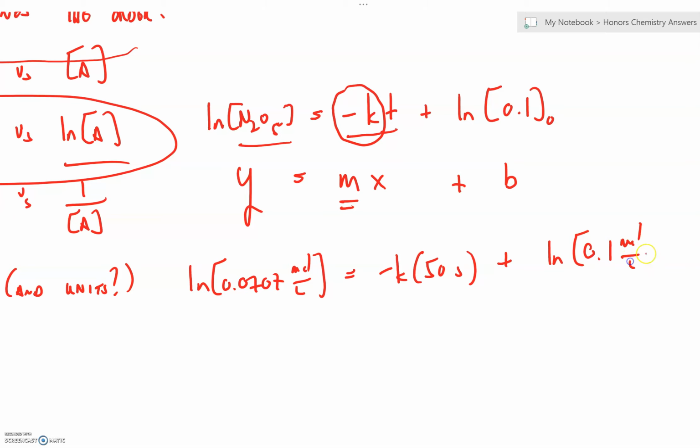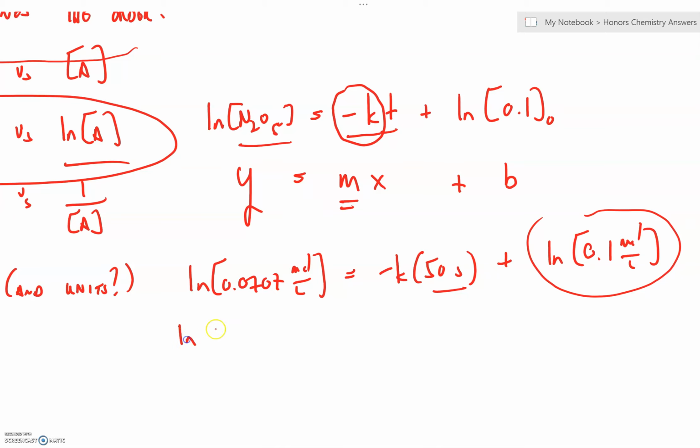And now we're going to turn our calculator back into just a regular old calculator, and I want to get K by itself. So to do that, I'm going to subtract both sides. I'm going to subtract the natural log of 0.1, and then I'm going to divide by 50 seconds. So here's how this is going to look.